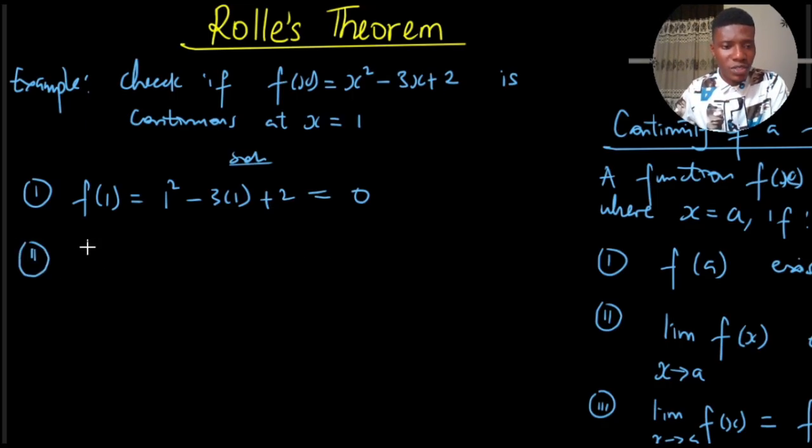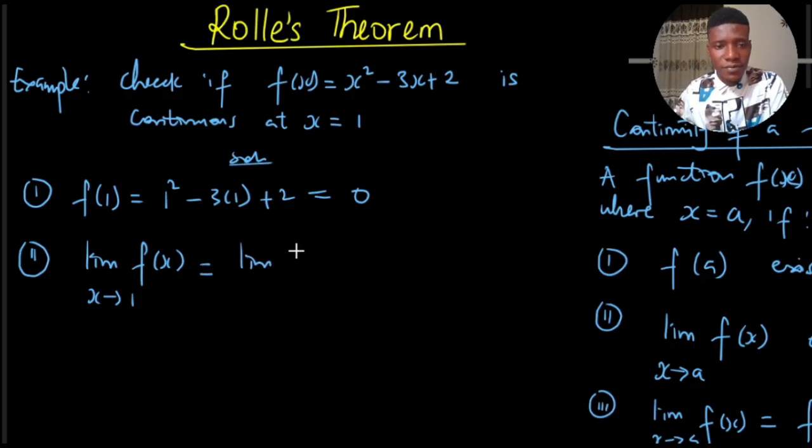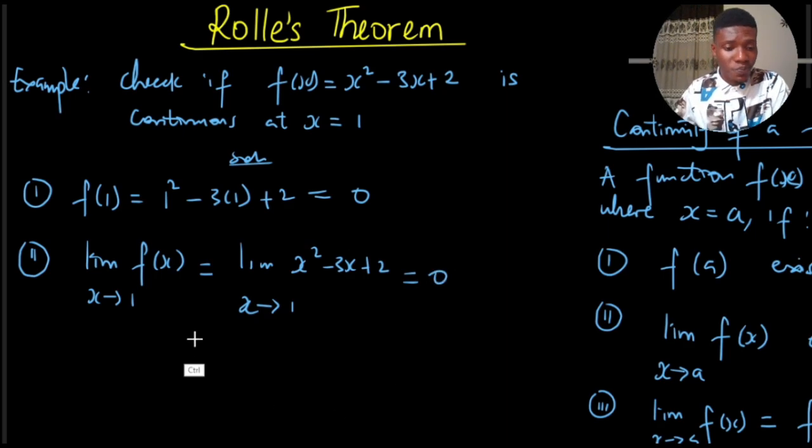Also, you need to check the limit of f of x as x tends to 1. That's the same thing as the limit of x squared minus 3x plus 2 as x tends to 1, which is the same thing as 0.